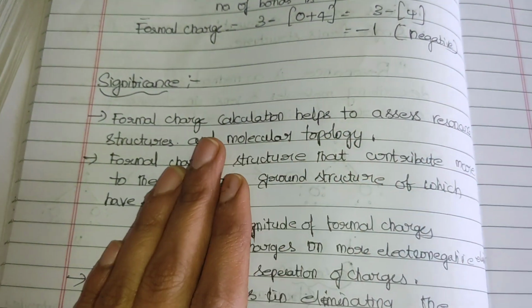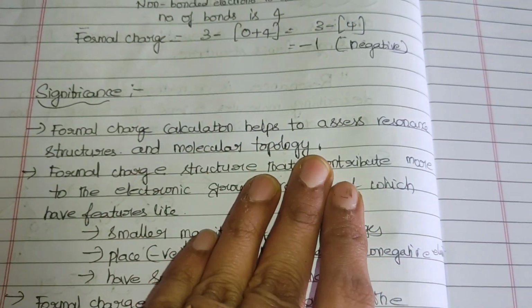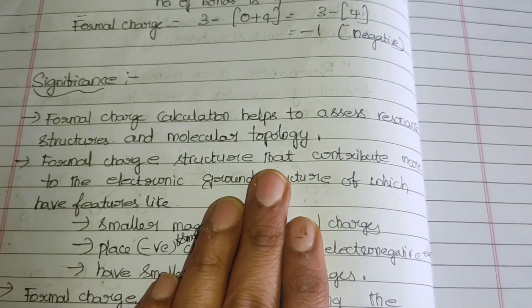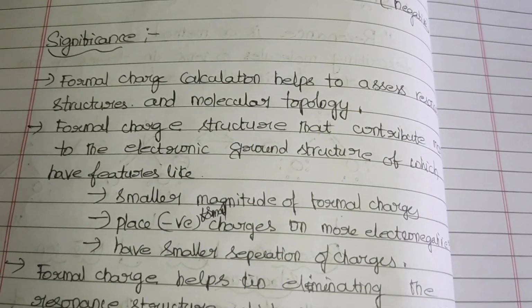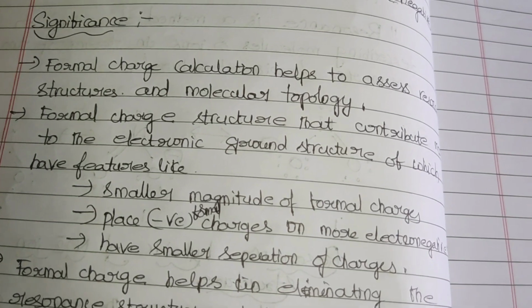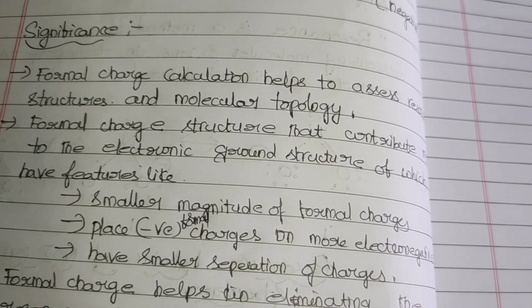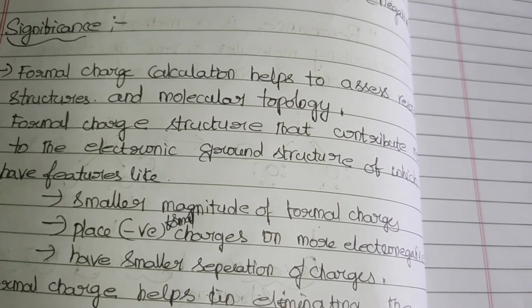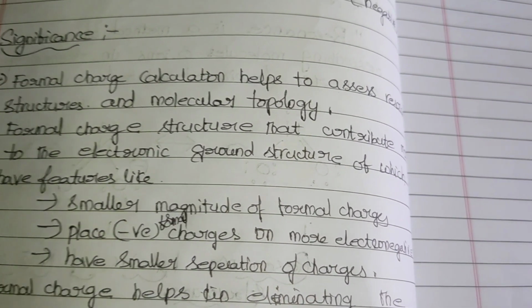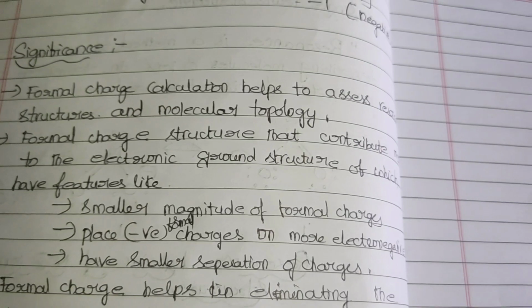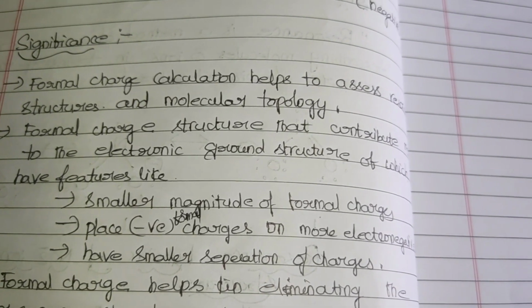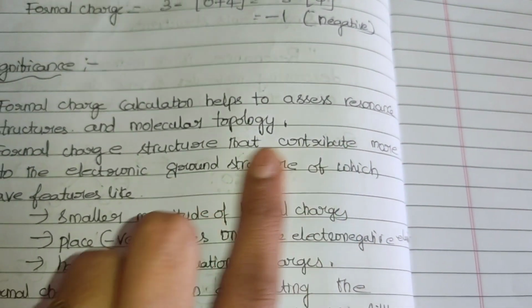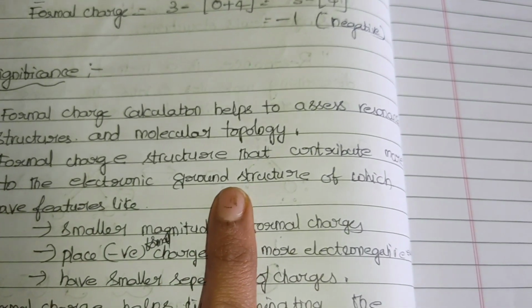Formal charge calculation helps to assess resonance structures and their molecular topology. Because of calculating formal charge, we can easily assess how many resonance structures are there, what their molecular topology is, how the molecules are arranged, and which formal charge structure contributes to the electronic ground state.